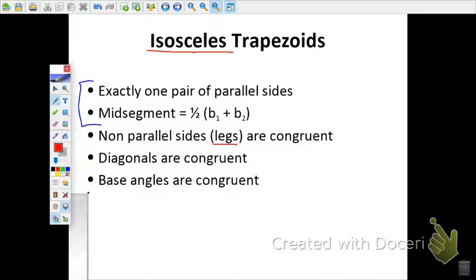They are the same length. And the base angles, so our bases are those two parallel sides. Okay, we have base and we have legs. So the base angles are also congruent. So those are properties that we are going to be using as we take a look at some of these problems.